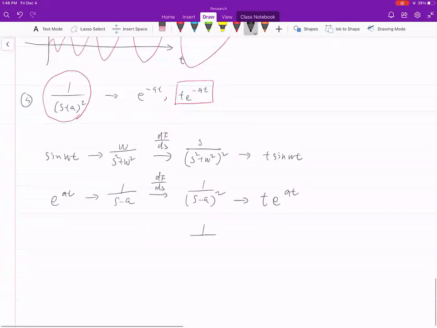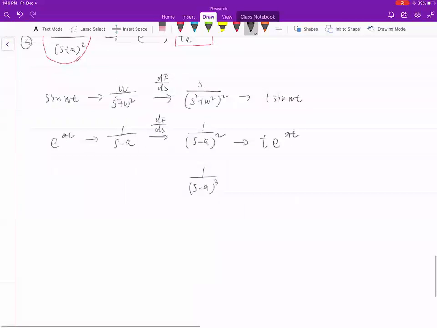What do you have? 1 over s minus a cubed. If you have a three-dimensional system, you have repeated real zeros from your characteristic function for your eigenvalues, okay? Where do you think that thing should come from? It should come from the derivative of this.